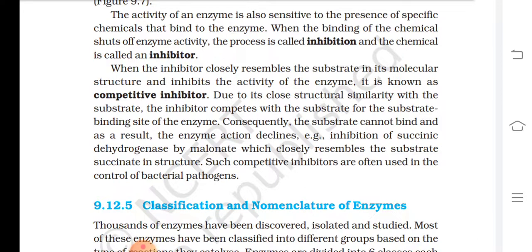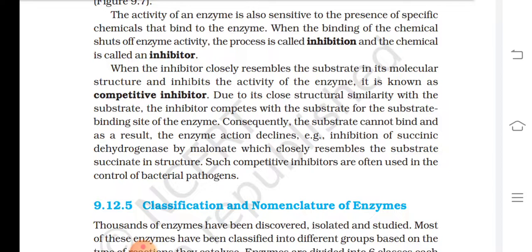Due to its close structural similarity with the substrate, the inhibitor competes with the substrate for the substrate binding site of the enzyme. Consequently, the substrate cannot bind. As a result, the enzyme action declines. Example: inhibition of succinic dehydrogenase by malonate, which closely resembles the substrate succinate in structure.